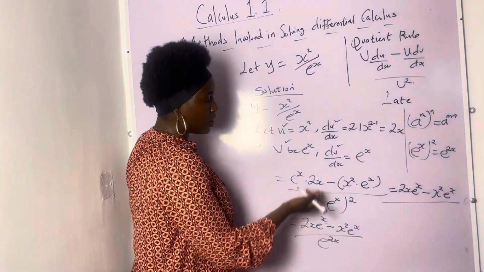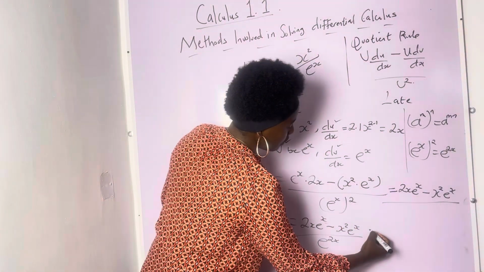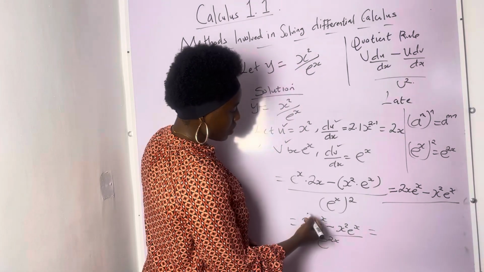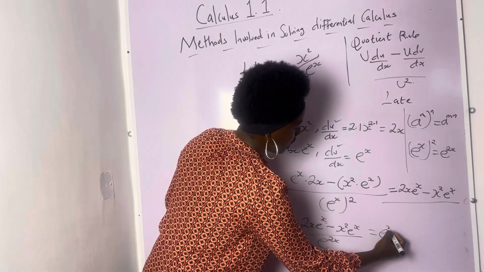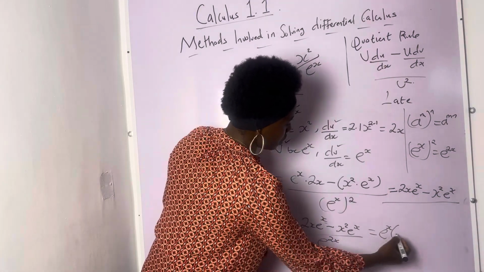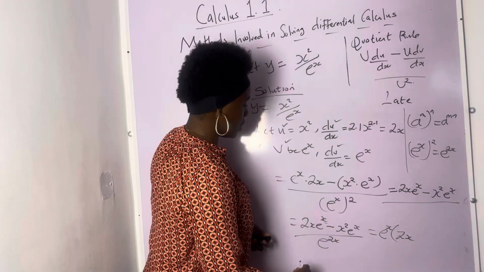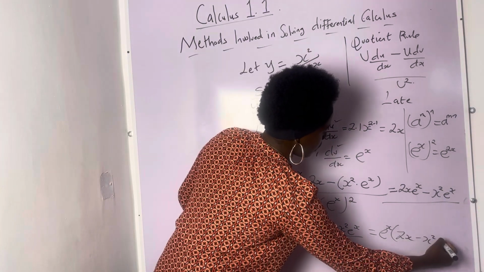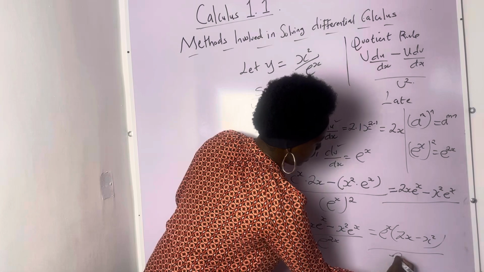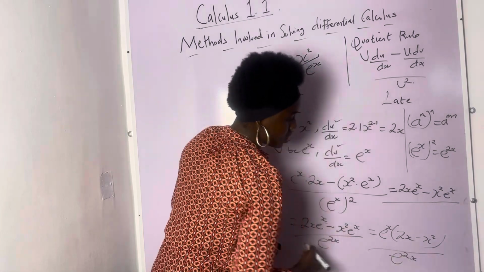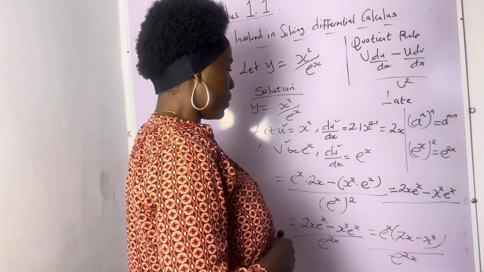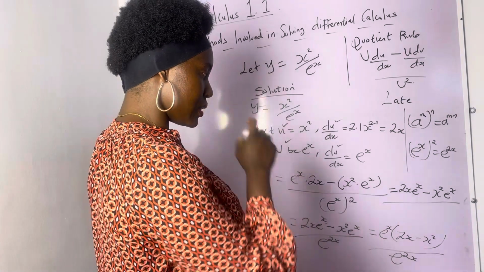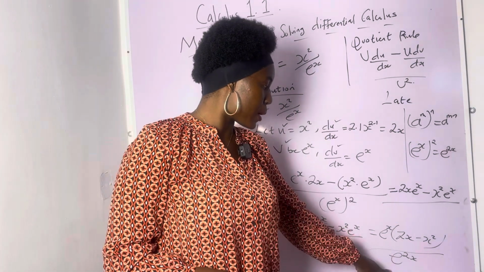Now for the numerator, what is common? Exponential x. So we factor exponential x outside, and we have exponential x times 2x minus x squared, all over exponential 2x. Can you stop here?